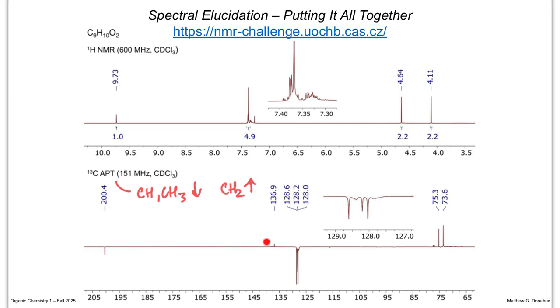If we consider 0 even, so C and CH2s are up. So a DEPT would not show a signal there. So this little blip right there is a signal. What about the one closer down? Right here, yeah, that one's not. That's the solvent. Okay, so you don't have to consider that.